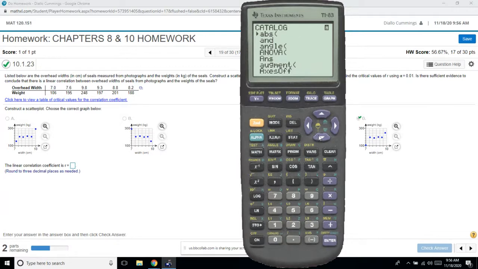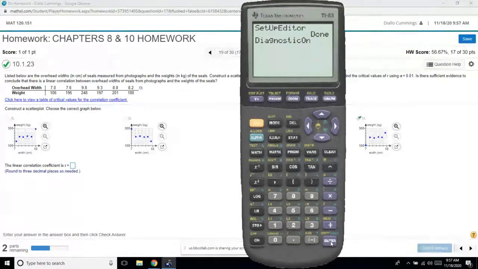The next thing I want to do is scroll down until I get to the D's, and you should see something that says diagnostic off and diagnostic on. I want to turn my diagnostic on, and I want to hit enter.